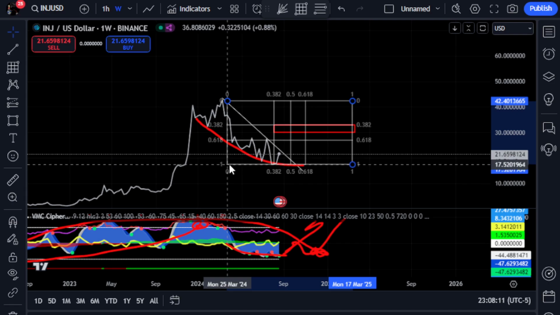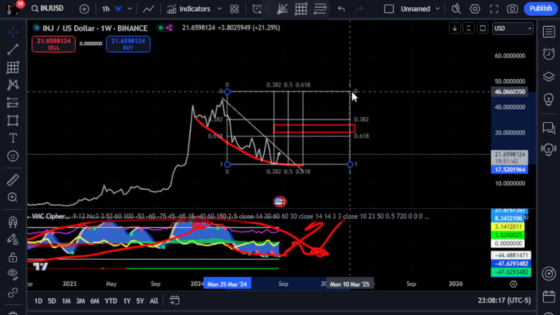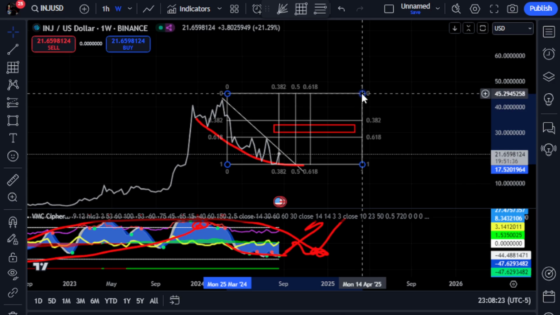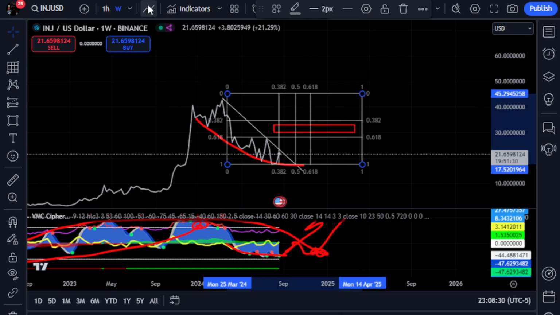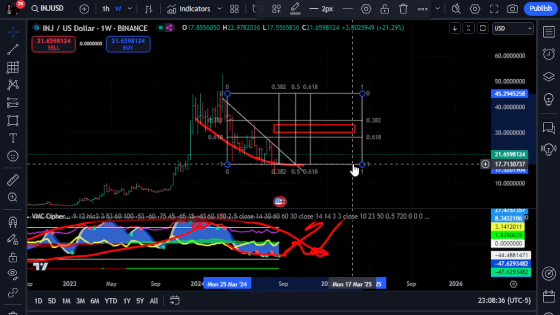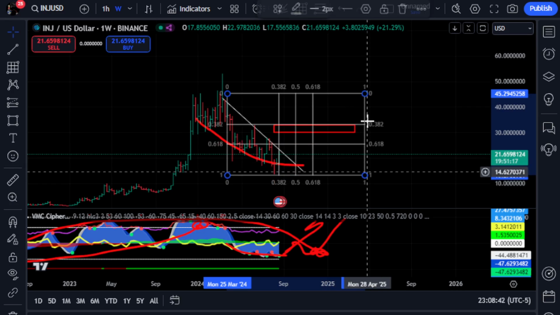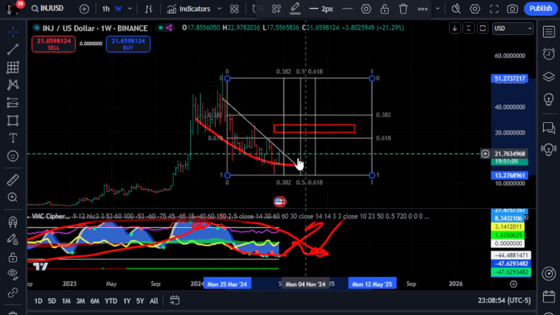So let's assume that this is the low, and let's take our Gann box tool here, and we're coming out at about $48, and I think I may have pulled that using the bar chart in the full low.